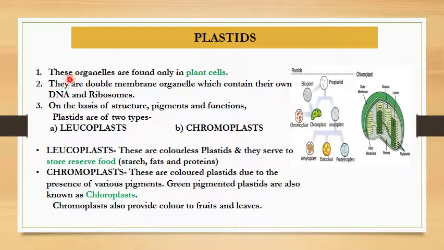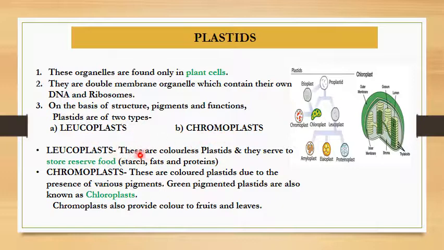Plastids. These organelles are found only in plant cells. They are double membrane organelle which contain their own DNA and ribosomes. On the basis of structure, pigments and functions, plastids are of two types, leucoplast and chromoplast.